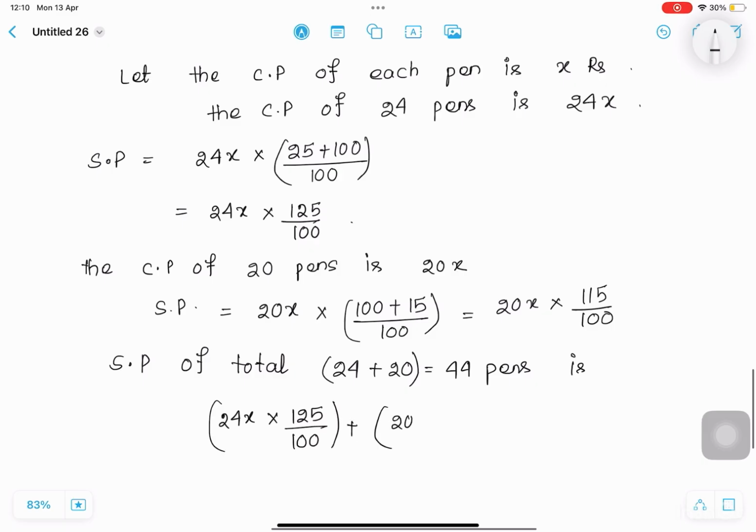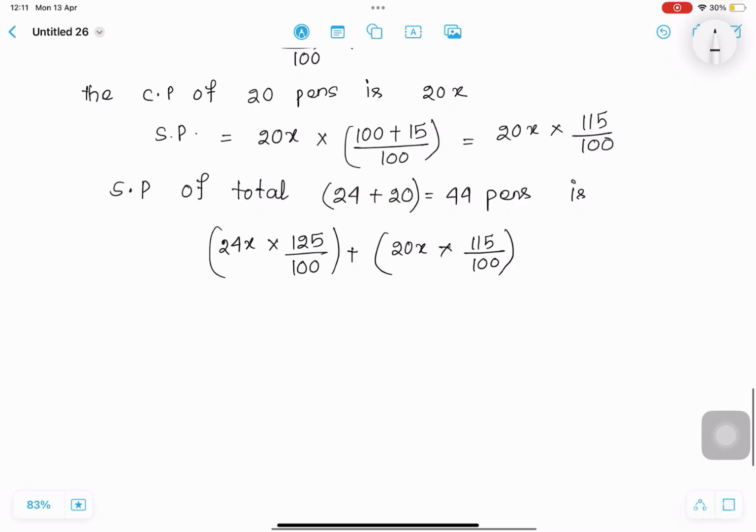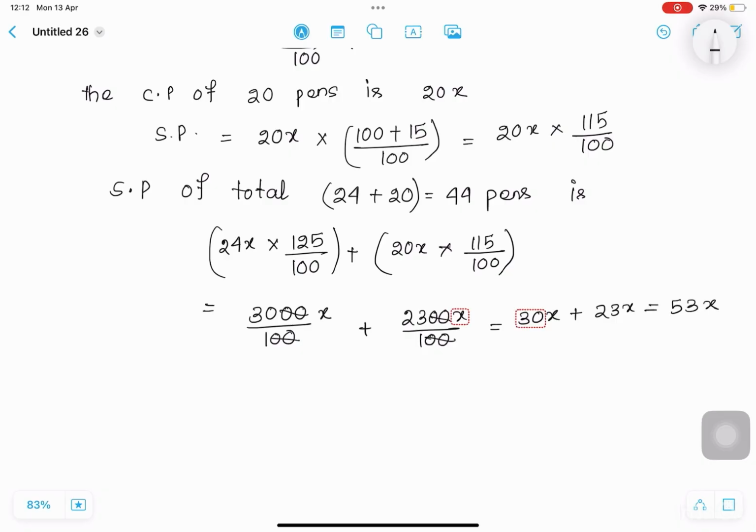So 24x into 125, that is 3000x by 100, and plus 20x into 115, that is 2300x by 100. So it is 30x plus 23x, that is 53x.